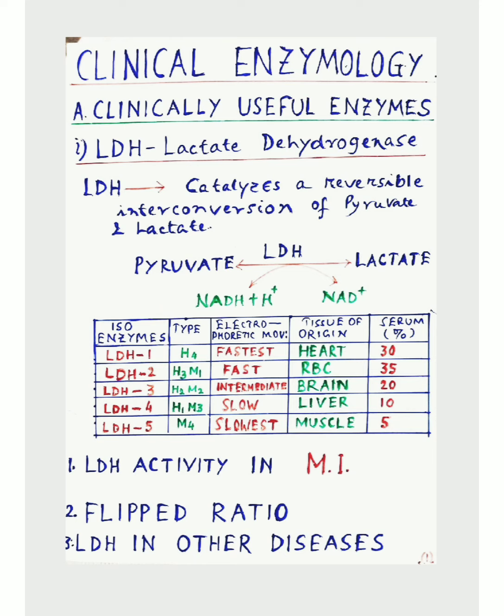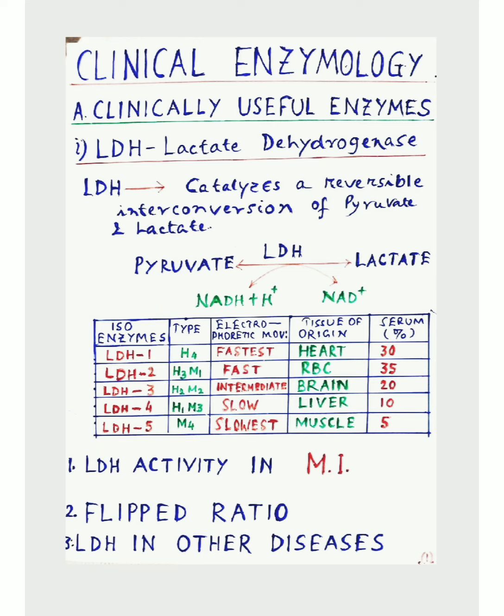Flipped ratio: the LDH1 to LDH2 ratio is less than 1 in normal healthy persons, but it becomes more than 1 due to increase in LDH1 activity. This reversal of ratio from less than 1 in normal individuals to more than 1 in MI is called the flipped ratio. Time course in MI: blood levels start to increase by 10 to 12 hours after the onset of MI. Peak is attained after 40 to 48 hours and returns to normal by 5 to 6 days.